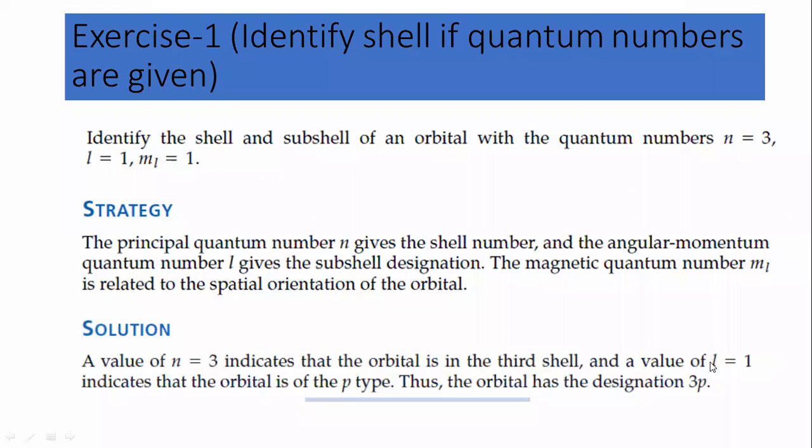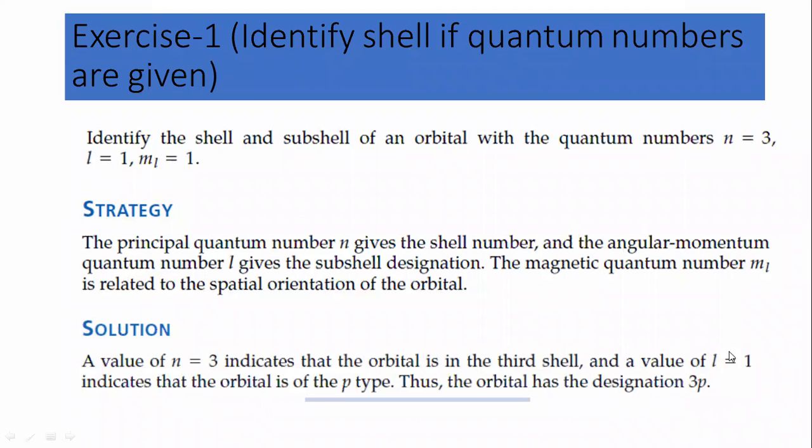So when L is 1, that will give you the information that this is the p type of orbital, because when L is 0, this is called the s. When L is 1, this is called the p. When L is 2, this is called the d, as we have discussed before. So this orbital is called the 3p orbital.